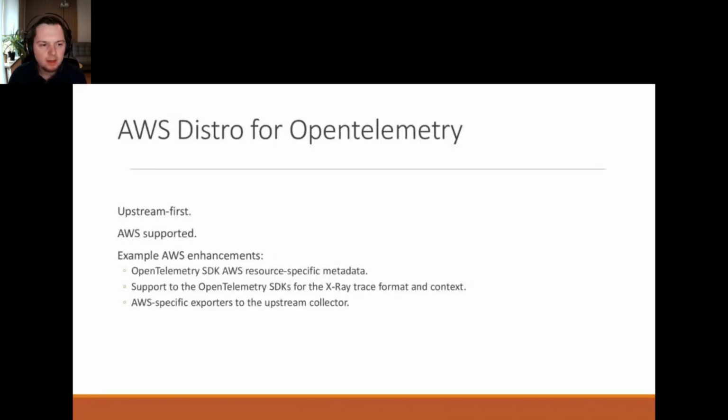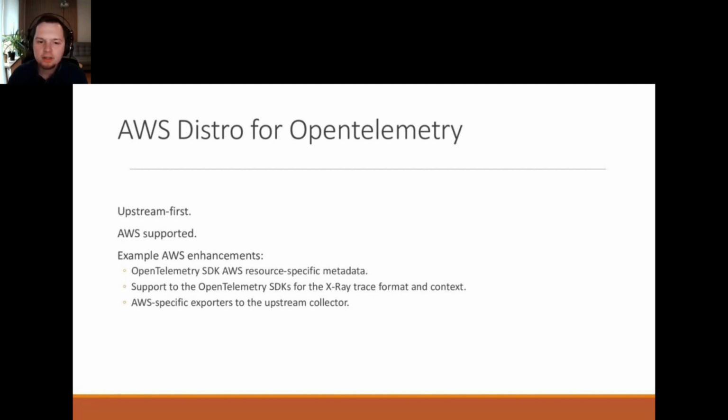First of all, there is the AWS Distro for OpenTelemetry, to be more precise. It's an upstream-first distribution. What that means is if AWS is introducing some enhancement, it first contributes to the upstream projects, and then the AWS distro is built from those OpenTelemetry components.